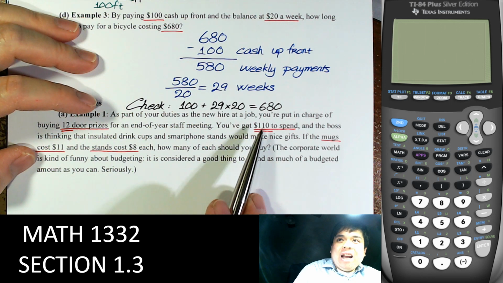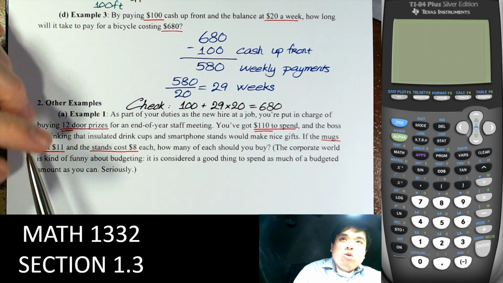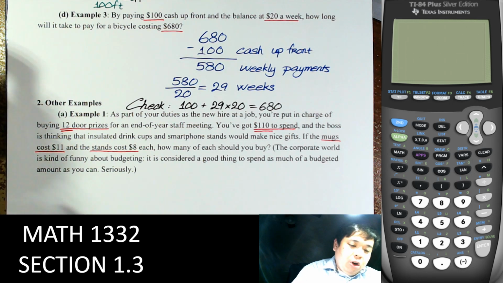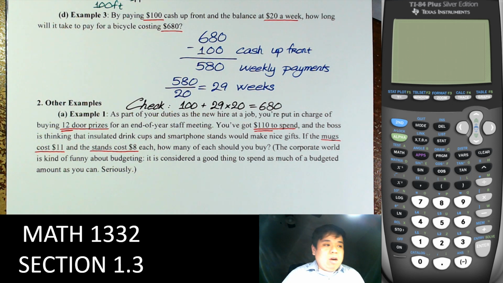So we try to get as close to $110 as possible, and we have $12 prices. So that's how we sum up the problem. We're going to need $12 prices, $110 total. And the price is $11 and $8 for each item.